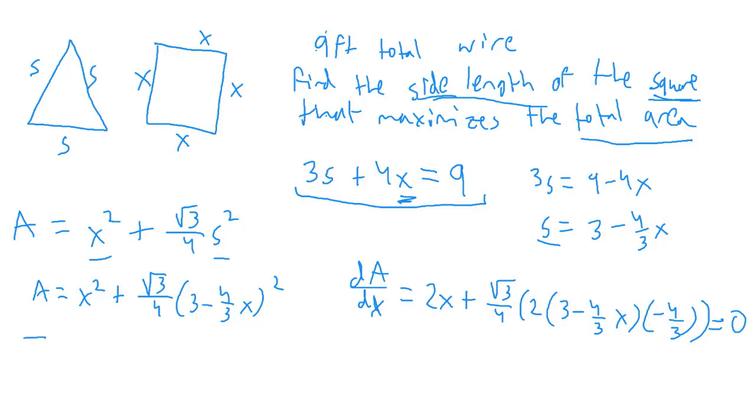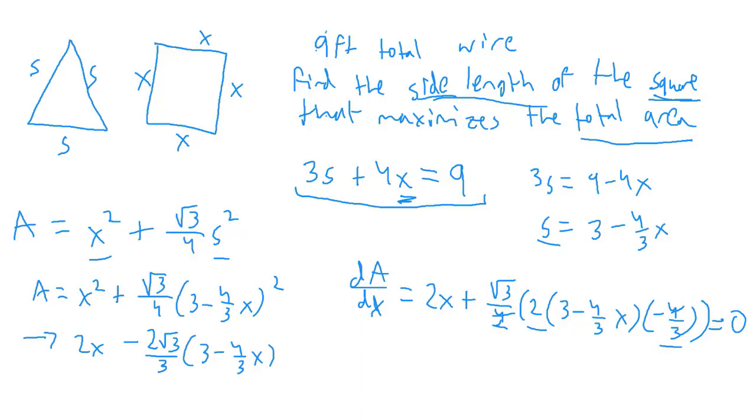So therefore we get 2x plus, and I'm going to combine all these different multiples, this one and this one together. So these 4's will cancel out. And we have a negative sign, so there should be a minus here. Minus 2 root 3 over 3 times (3 minus 4 thirds x).